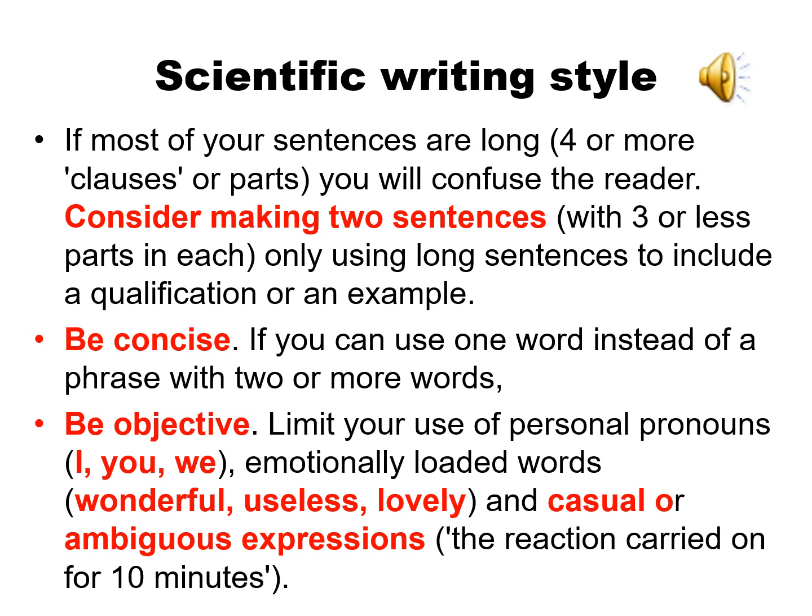Be concise, be objective, and limit your use of personal pronouns such as I, you, we, and emotionally loaded words such as wonderful, useless, lovely, and don't use casual or ambiguous expressions.